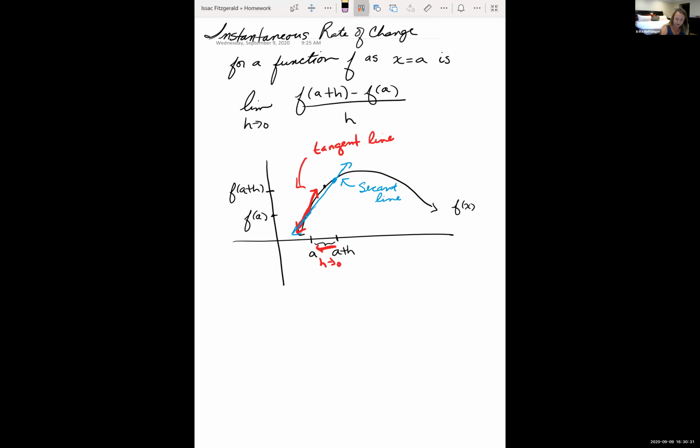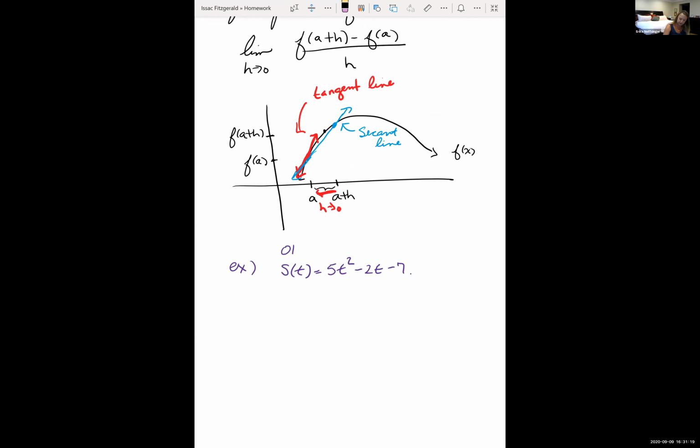Let's look at another example. Okay, so let's suppose that the position of an object moving in a straight line is given by the following: s of t is equal to 5t squared minus 2t minus 7. So find the instantaneous velocity at each time.